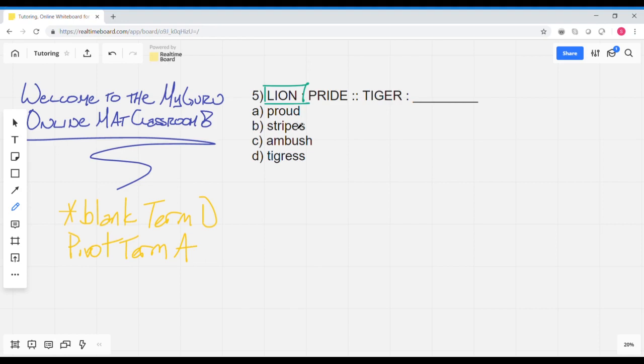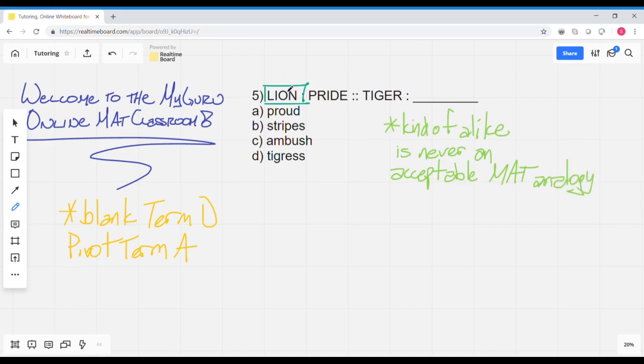Now, when you're dealing with just relationships in general with the MAT, you need to know that kind of alike is never an acceptable MAT analogy.